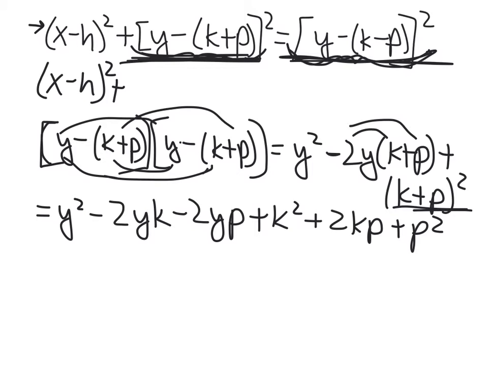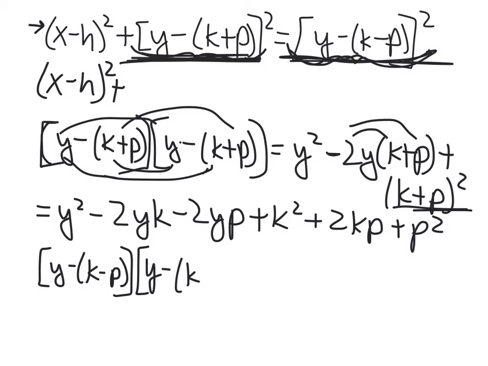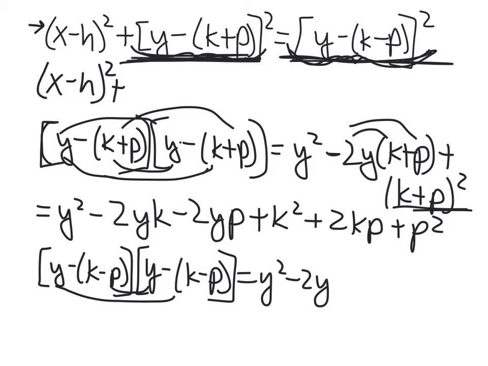So our last trinomial that we need to square, y minus the quantity k minus p this time. Square that, and again we'll have y squared, and again we'll have minus y times that binomial minus another y times that binomial, so minus 2y times that binomial.